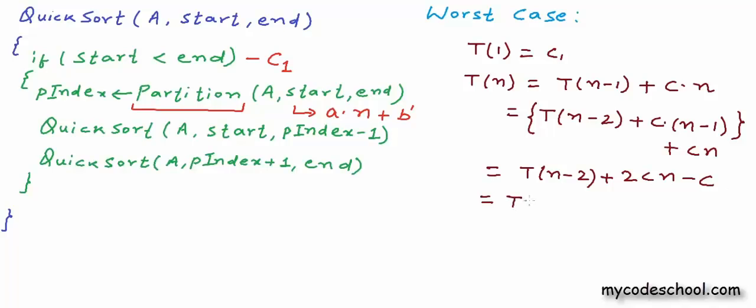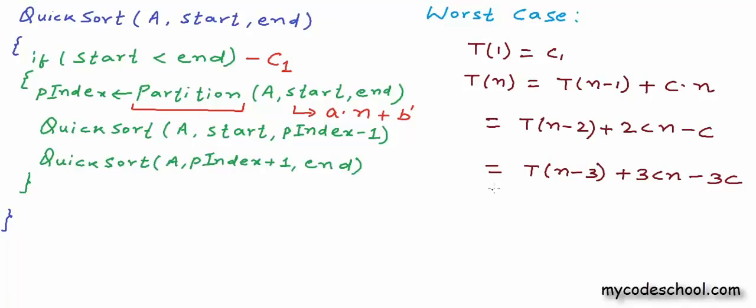T(n-2) can be written as T(n-3) plus c into (n-2) plus these terms 2cn minus c. So now this is T(n-3) plus 3cn minus 3c. If I reduce this further, this will be T(n-4) plus 4cn minus 6c.